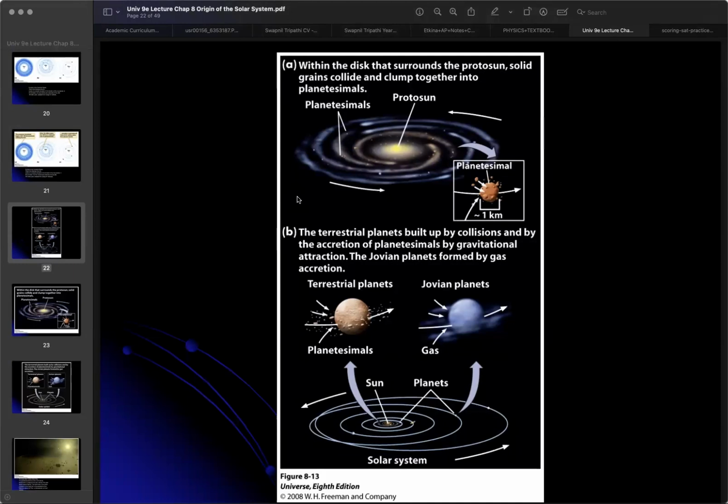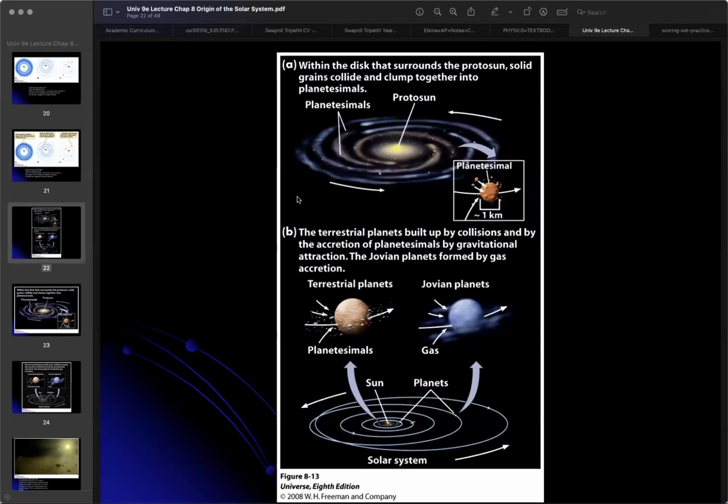As the disk kept on rotating, it broke into several rings, and then there were collisions and accumulation. There were small planetesimals, about 1 kilometer in size.